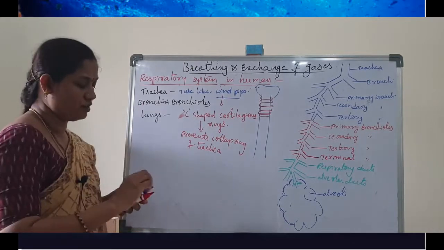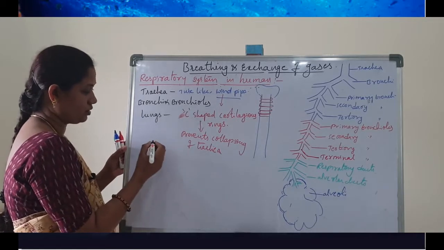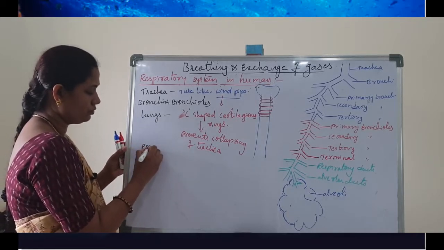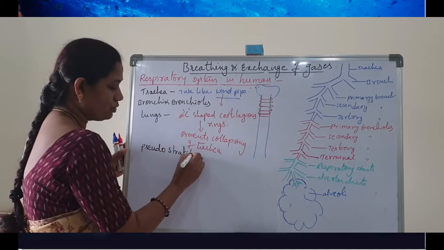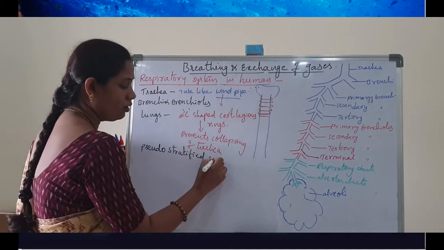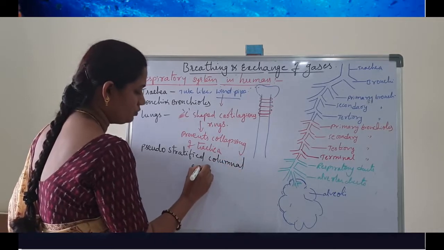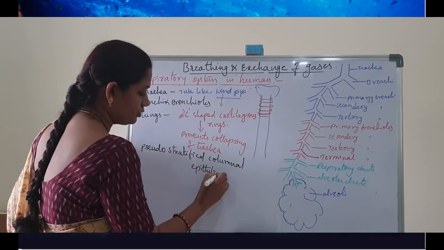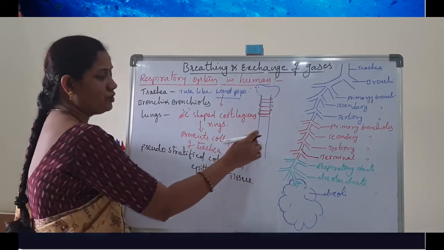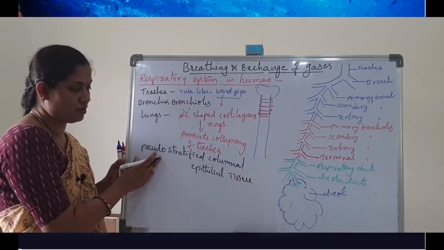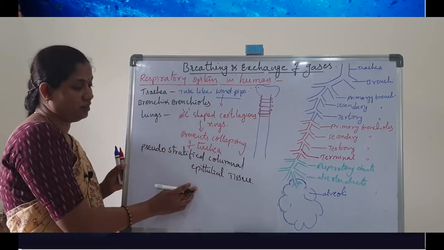Next, the inner lining of the trachea is made up of pseudostratified columnar epithelial tissue.